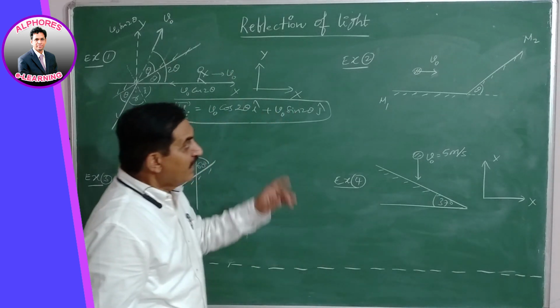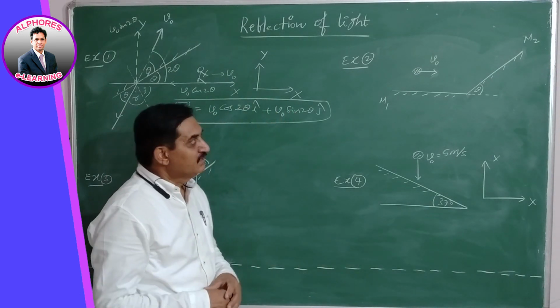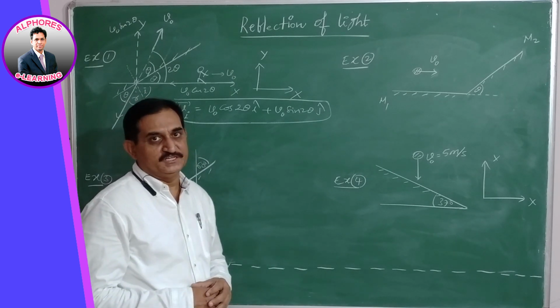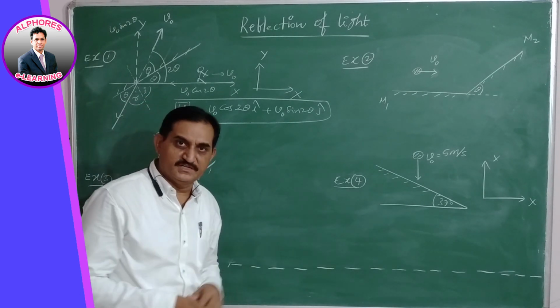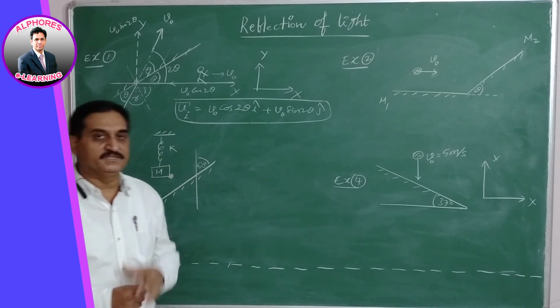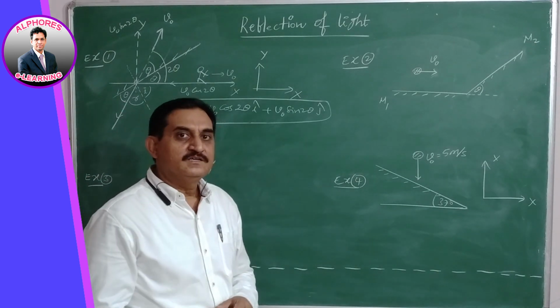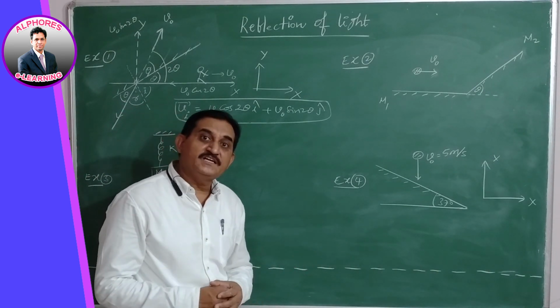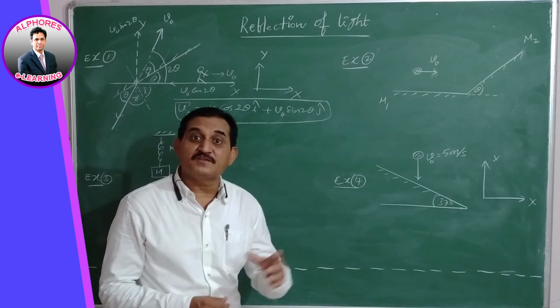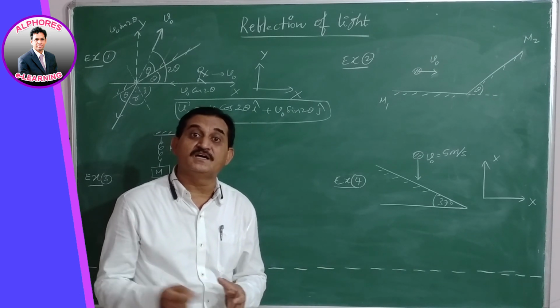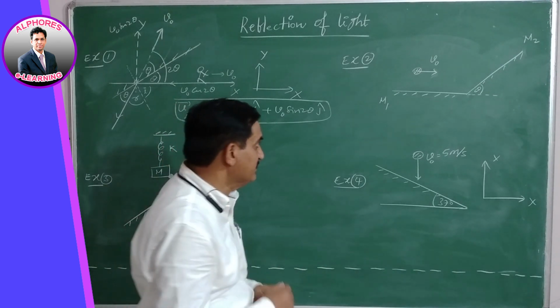Of course, as this object is moving, there are two images we can obtain: the image in the first mirror and also the image in the second mirror. So we have to find the speed of the image in one mirror with respect to the speed of the image in another mirror. Let us find this.